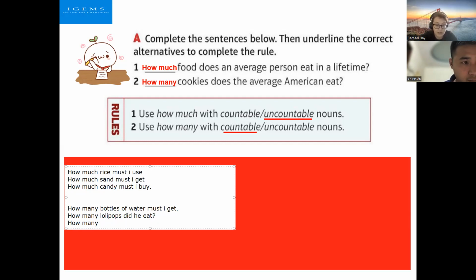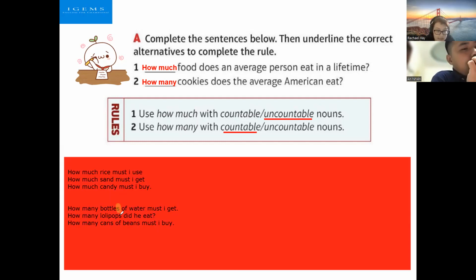How many cans of beans must I buy? Okay, so you see here, there's S, S, S. So we use many. If there is no S, we use much. Okay, you understand now? Yes. Okay.